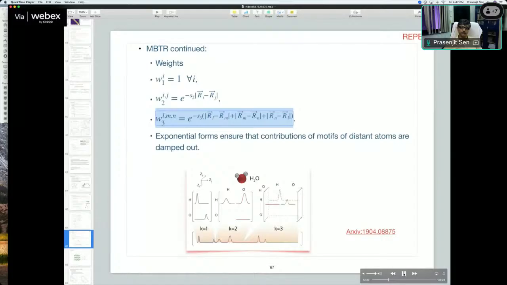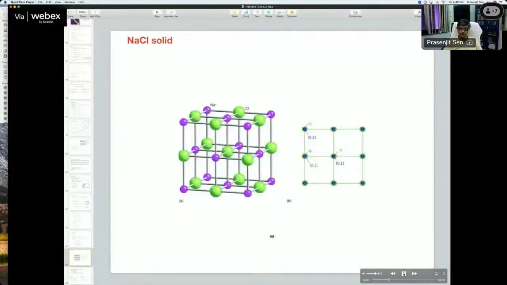All right, so we had discussed these things. So what I would like to show you is how to construct MBTR.